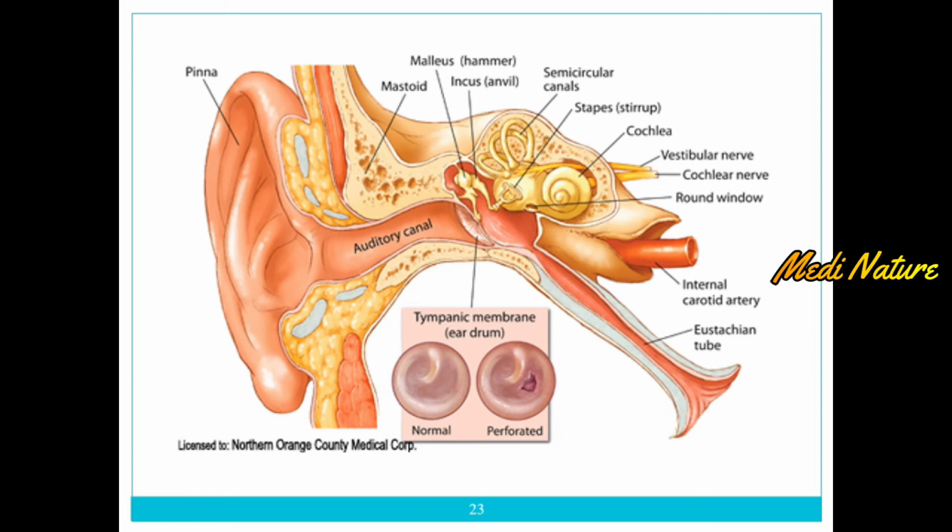And the middle ear connects with the nasal cavity through the eustachian tube, and there are also three bones which are interconnected with each other. Those are called malleus, incus, and stapes. And then in the inner ear there are the semicircular canals and the cochlea, which are important for hearing and for the maintenance of the equilibrium of the body.